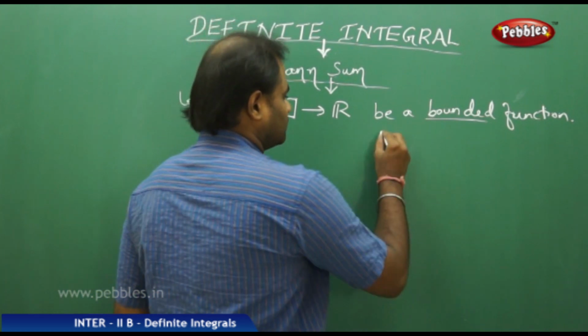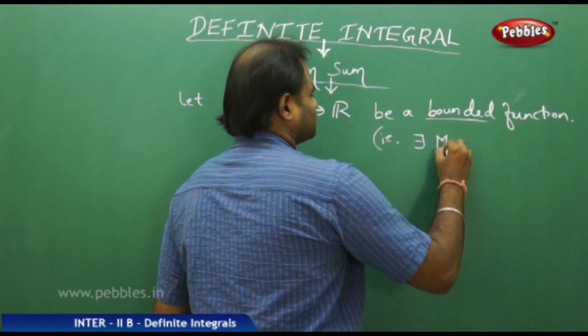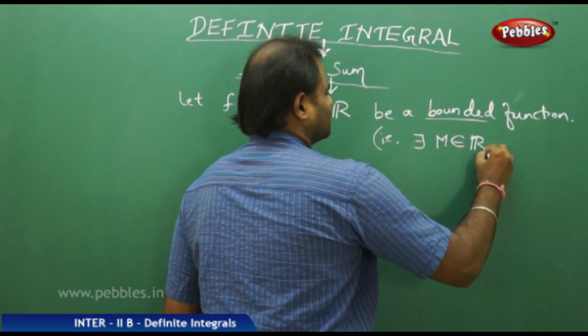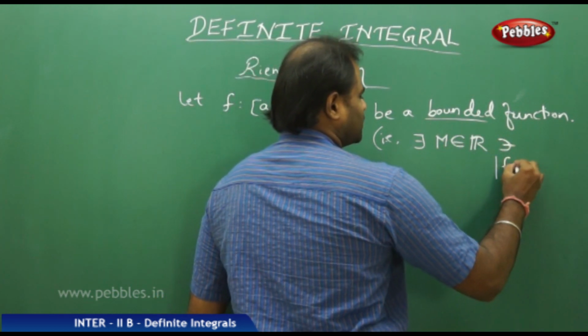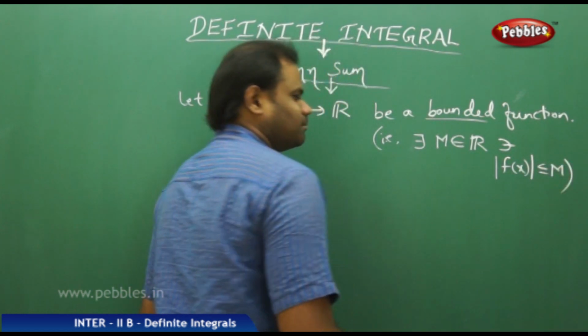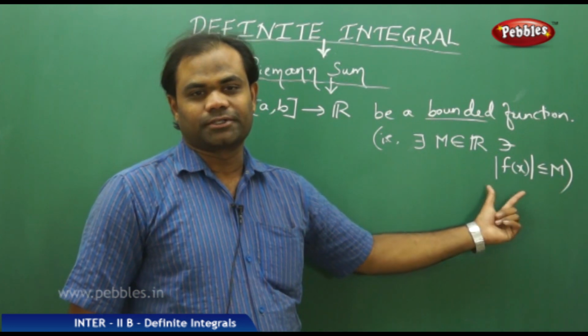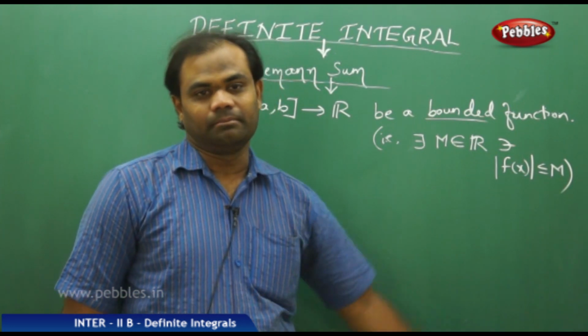Mathematically, we define it as follows: there exists m belonging to R such that mod f of x is less than or equal to m. This is how we mathematically define the boundedness of a function using the real number m.